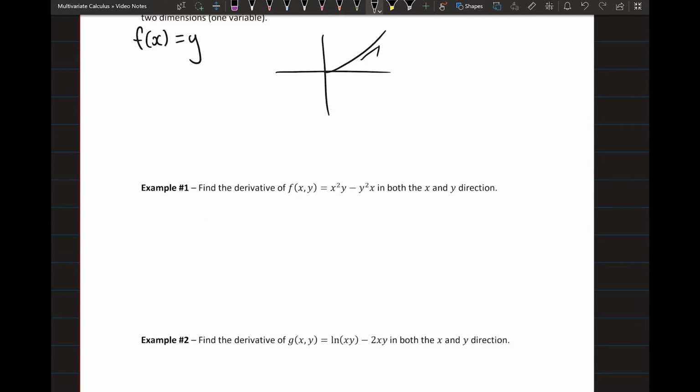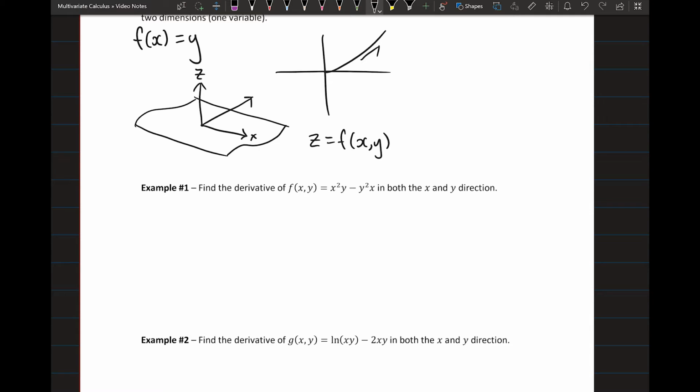So what's an example we can look at? Let's look at a surface defined by some function of x, y. And let's try and draw some axes right here. If we draw some axes, we have different directions, z, x, and y.